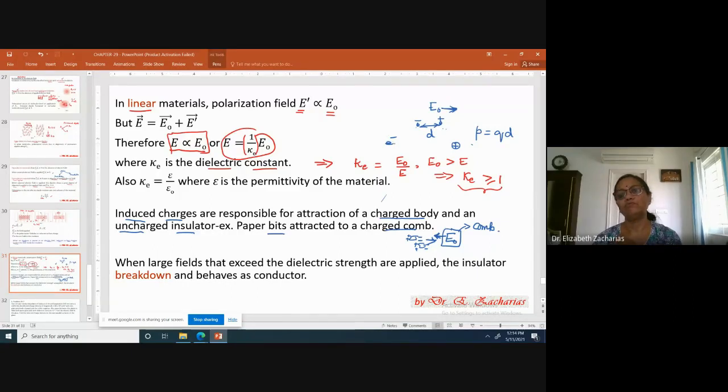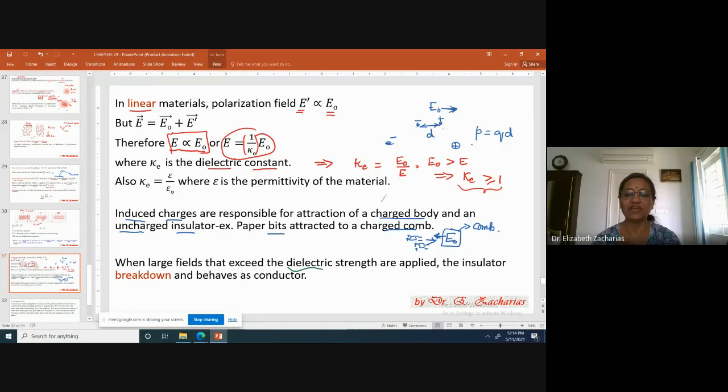When each atom is going to give out electrons like this, you have a huge number of free electrons. When something has a huge number of free electrons, what is that material called? That material is a conductor. Or the dielectric has become a conductor when you apply a sufficiently large electric field, so large that it exceeds the dielectric strength.